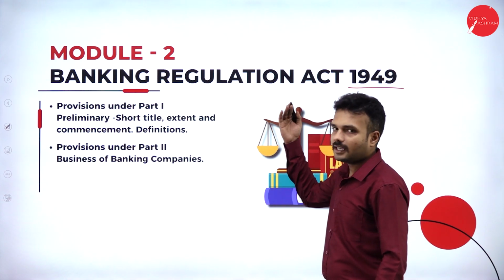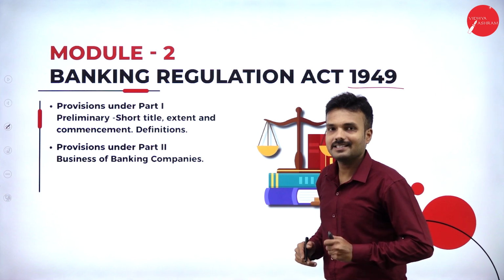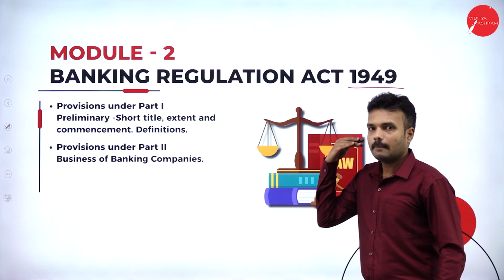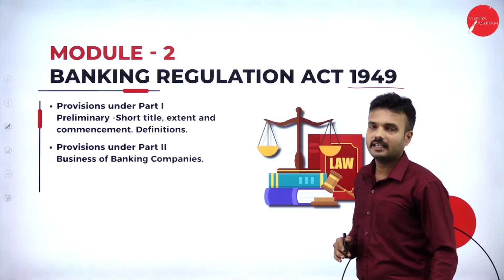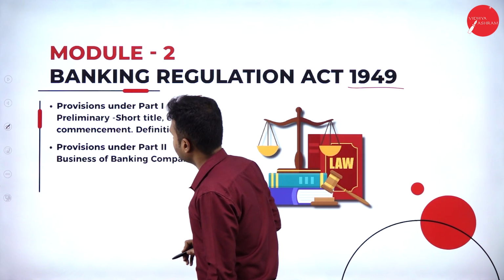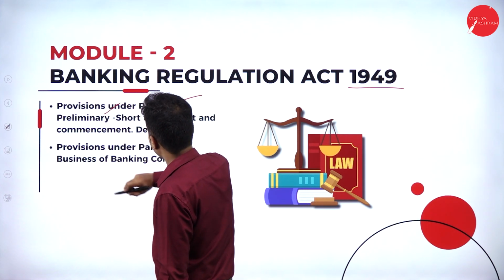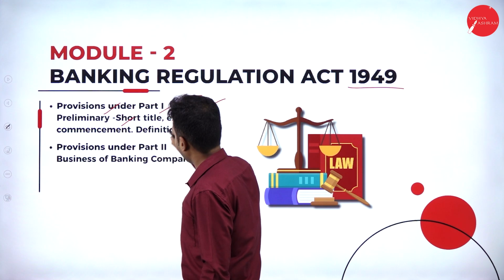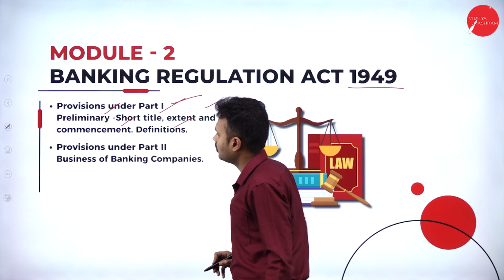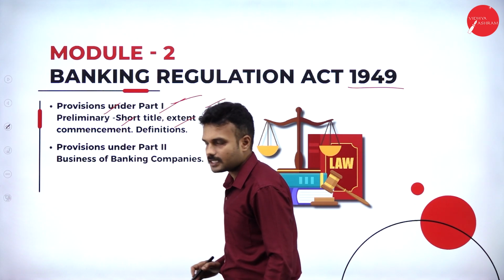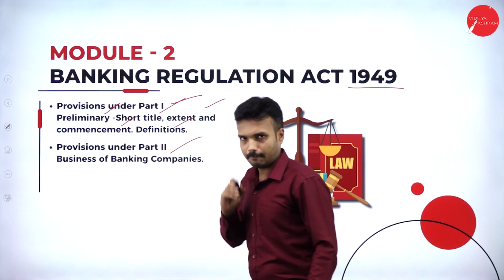This Banking Regulation Act is a legislation in India that governs the banking companies in India. The contents are provisions under Part 1, that is preliminary, short title, extent and commencement, and the definitions. Then provisions under Part 2, that is business of banking companies.